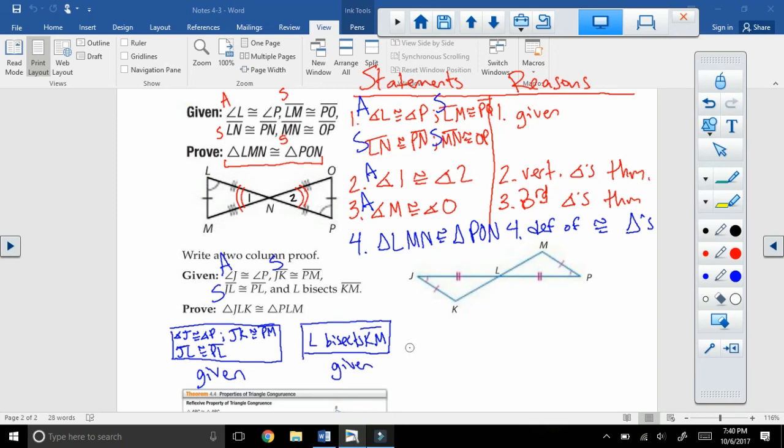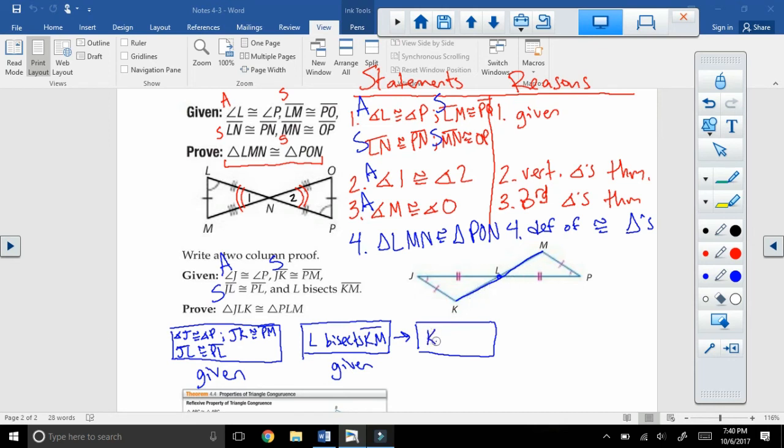So one nice thing about a flow proof is you can very easily show what statement makes what conclusion. So if L bisects line KM, looking at that, what does that mean? Well, to bisect means to cut it in half or cut it into 2 congruent parts.